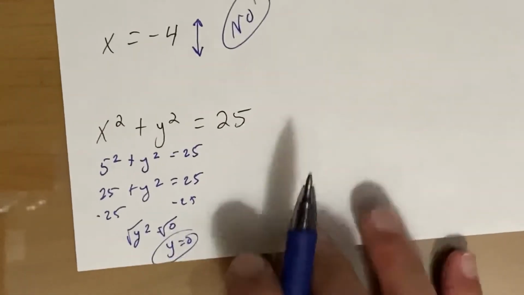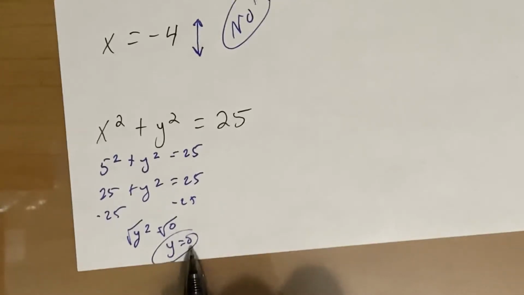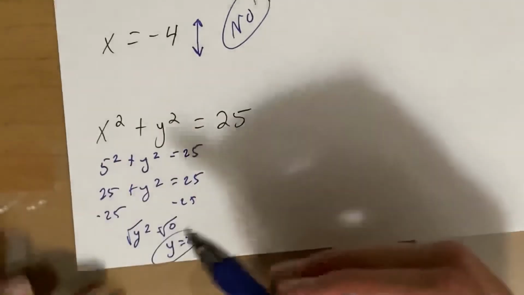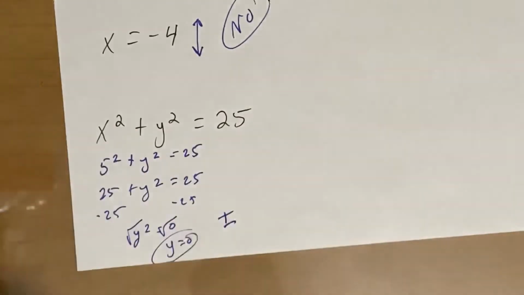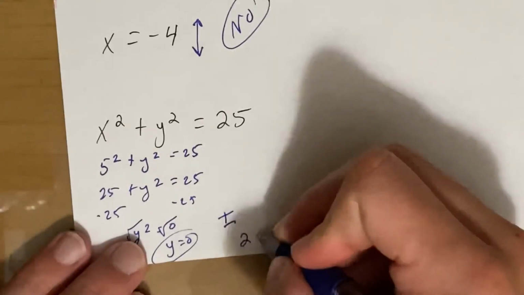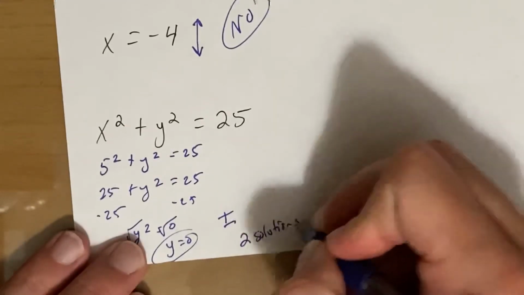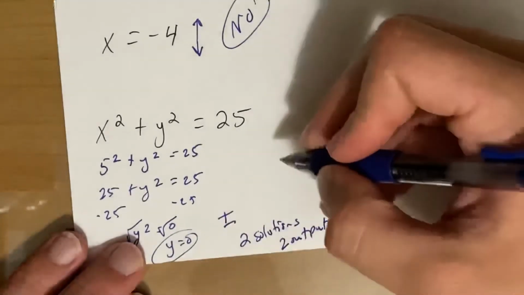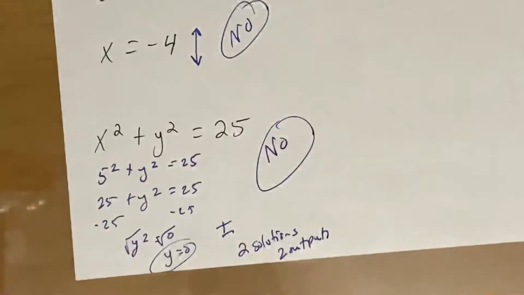If I get a number that's non-zero, then what happens when I take the square root of a number? Right? We always wrote that plus or minus value. So if I do that, then that tells me that I have 2 solutions there, or 2 outputs. And if we remember our rules, for every input, we can only have one output. So that would be not a function.